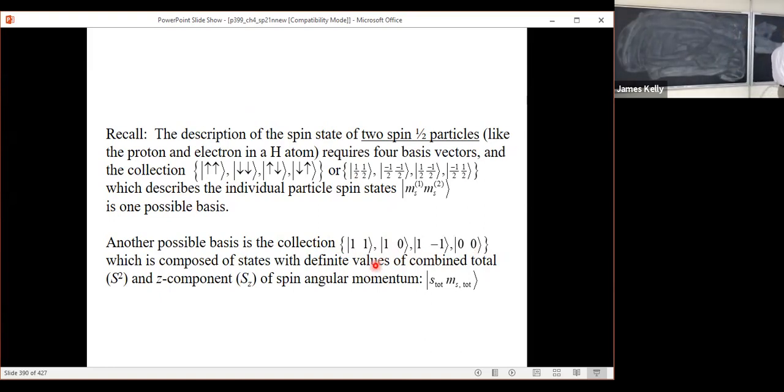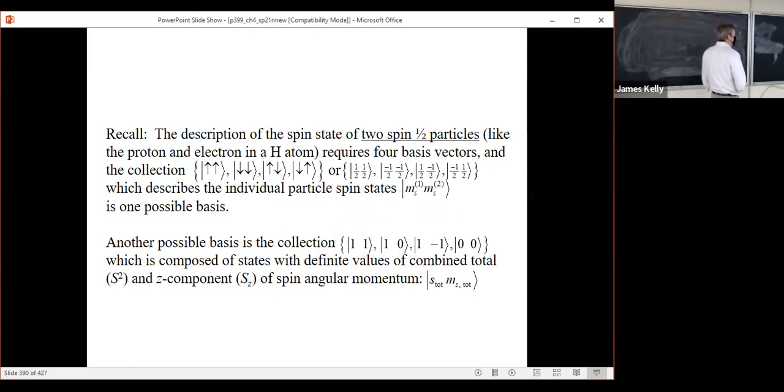And they correspond to total combined spin angular momentum. That means S squared eigenvalue corresponding to little s, either equals 1 or 0. And of course, for s equals 1, we have 3 different M sub S values, 1, 0, or minus 1, for that state. So there's 4 different possible states that the combined angular momentum can be in.